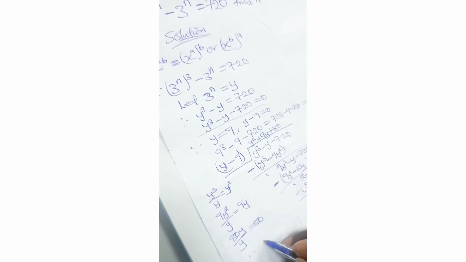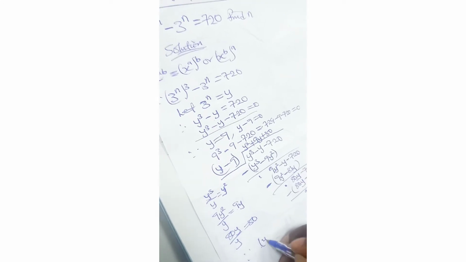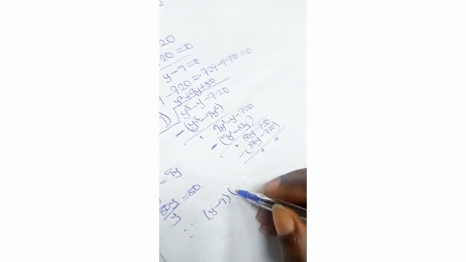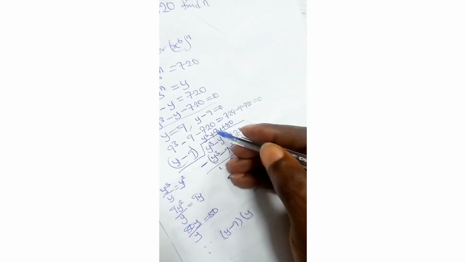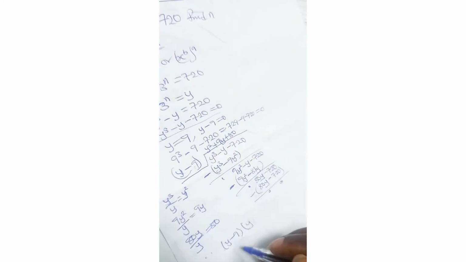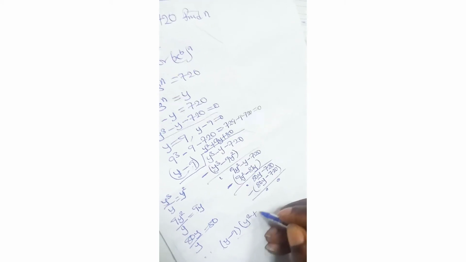Now you are going to have in bracket y minus 9, then this one now, that is equivalent to this equation. You are going to carry this, the upper one, that's y squared plus 9y, then plus 80.